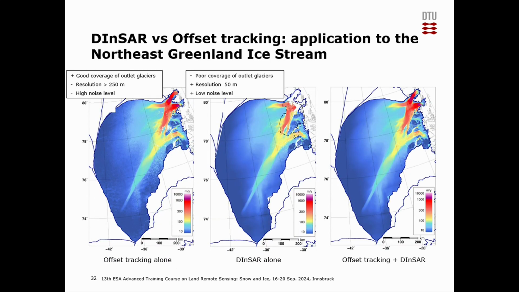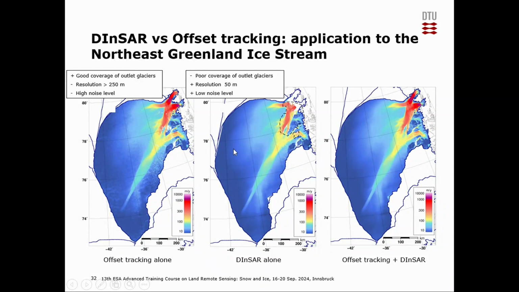Other questions? I have just one final slide, which is, in practice, interferometry and offset tracking are not two techniques which either use one or the other. They are complementary. This is an area here in northeastern Greenland, a mosaic based on offset tracking alone. Resolution 250 meters. We need a certain template window size, but very good coverage of the fast-moving regions. Some noisy things here, due to ionosphere actually.